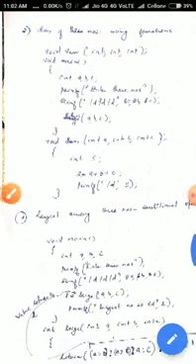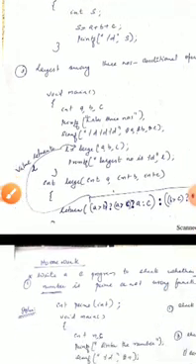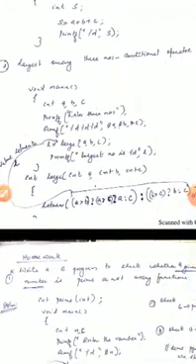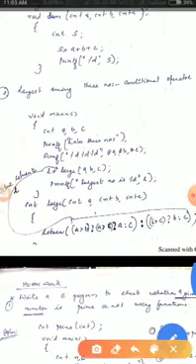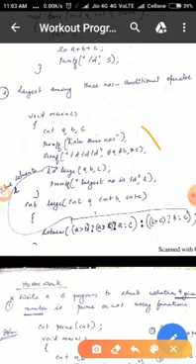Next is largest among three numbers using conditional operator. Here void main, read the three numbers. Here I use the function large of a comma b comma c.